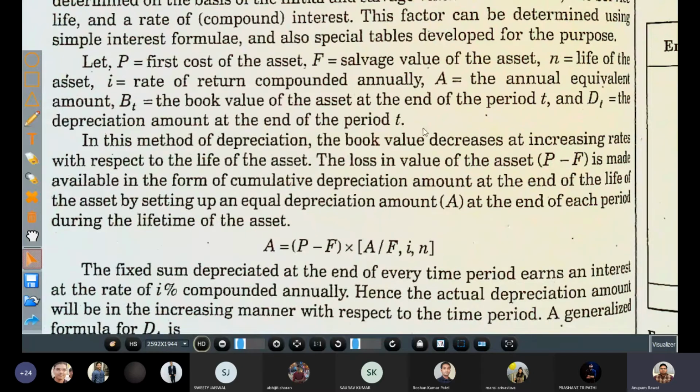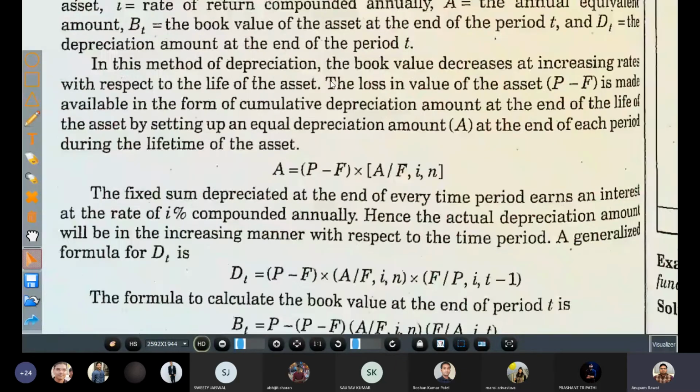BT is the book value of the asset at the end of period T, and DT is the depreciation amount at the end of period T. In this method of depreciation, the book value decreases at an increasing rate with respect to the life of the asset, and the loss in the value of the asset, that is P minus F, is made available in the form of a cumulative depreciation amount at the end of the life of the asset by setting up an equal depreciation amount A at the end of each period during the lifetime of the asset.